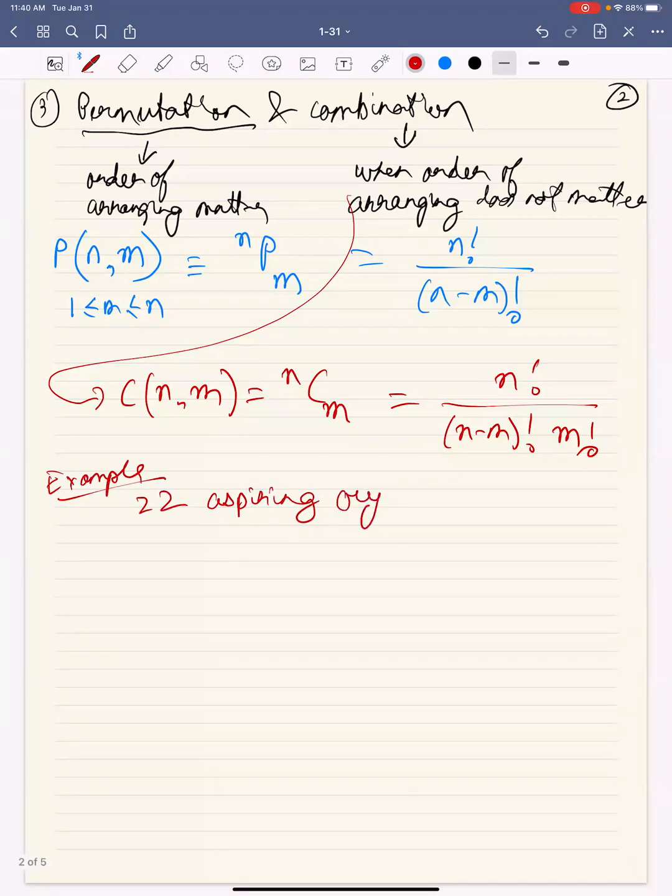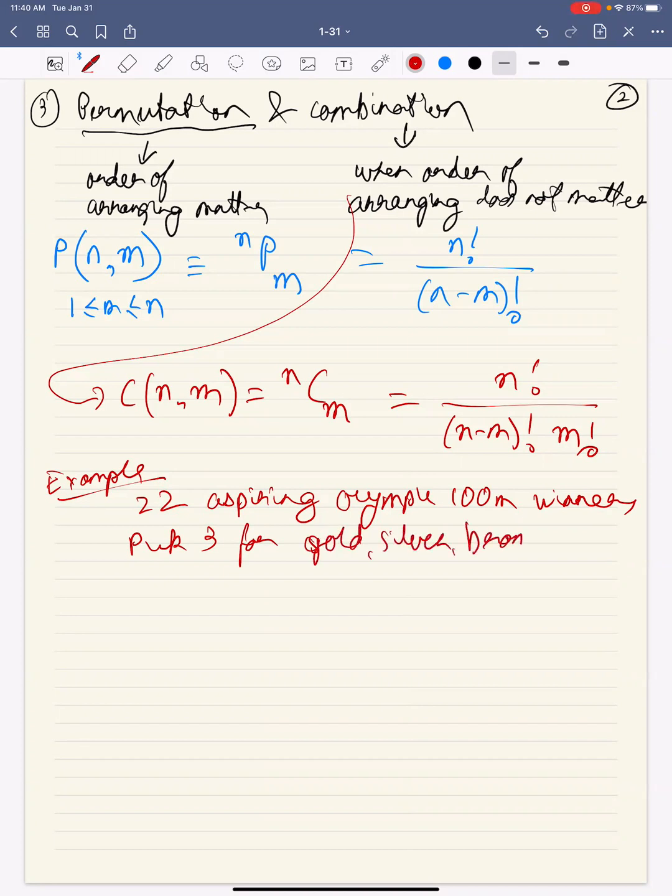Olympic gold medalists, Olympic 100-meter winners. And I have to pick gold, silver, and bronze. How many ways can I pick 3 people out of 22 for this?